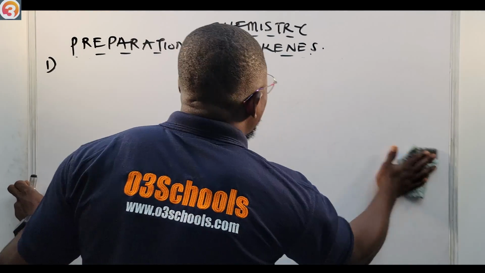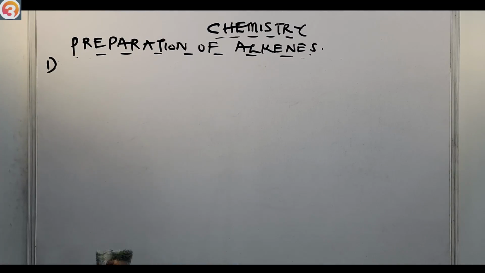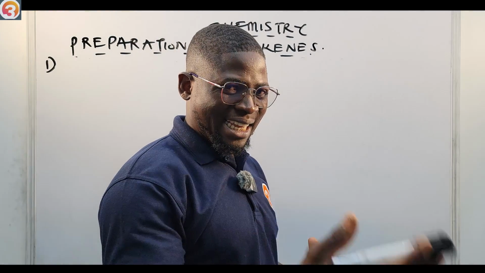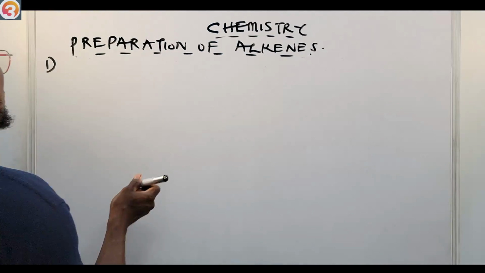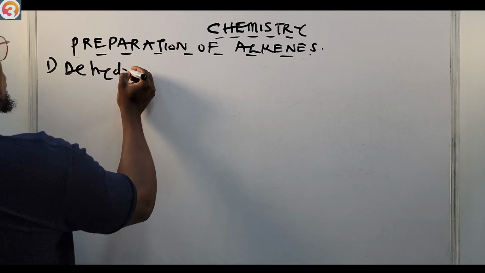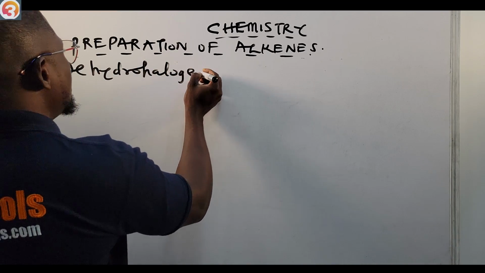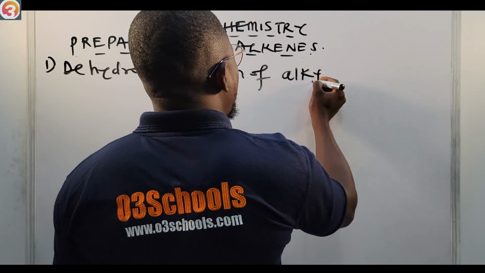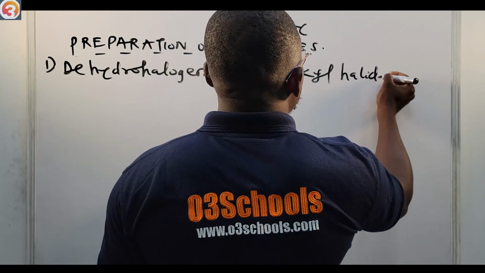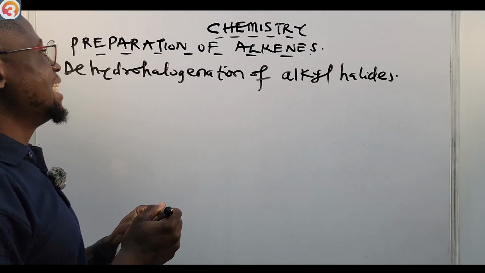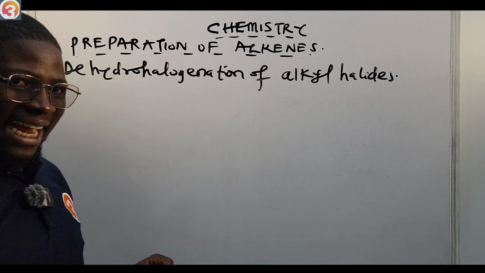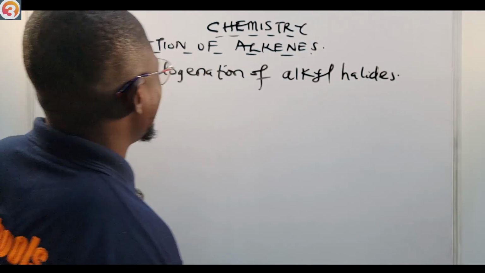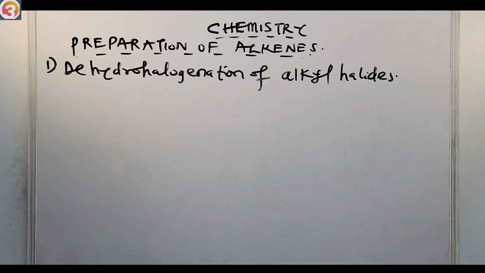Once we dehydrohalogenate alkyl halides, what you have is alkenes, in the presence of alcohol. So once we dehydrohalogenate alkyl halides, what we have is an alkene, and then we have water also as a product.